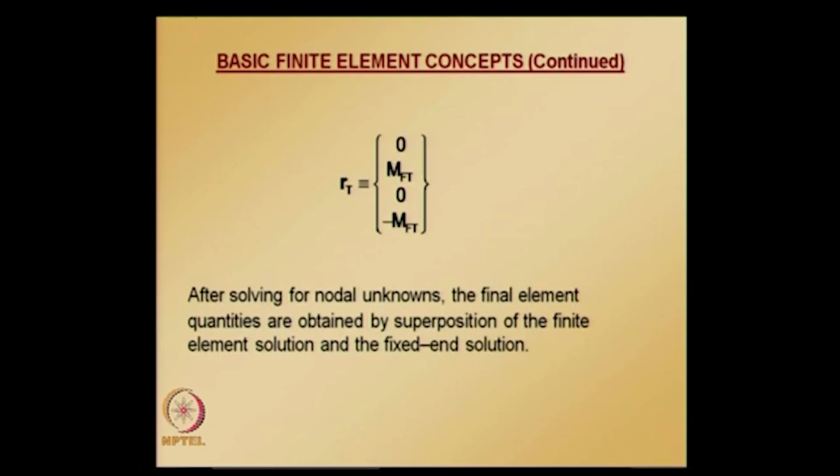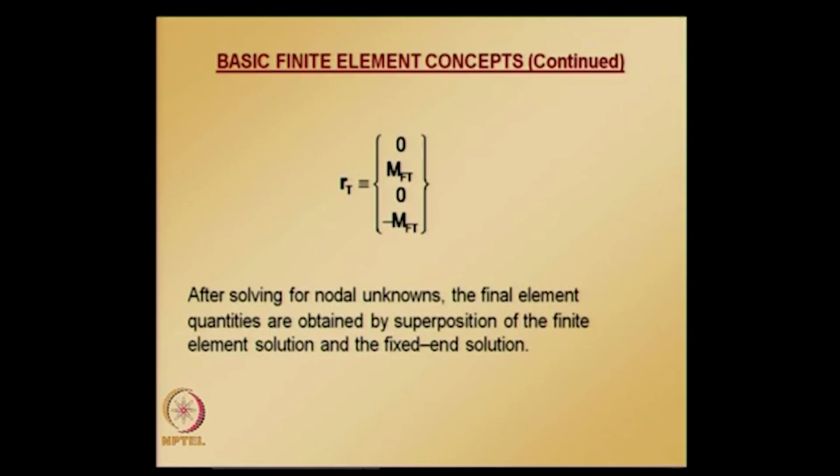And this is how, if there is a temperature change, we can assemble the equivalent nodal force vector, and there is not going to be any difference in the way stiffness of the beam element is calculated.